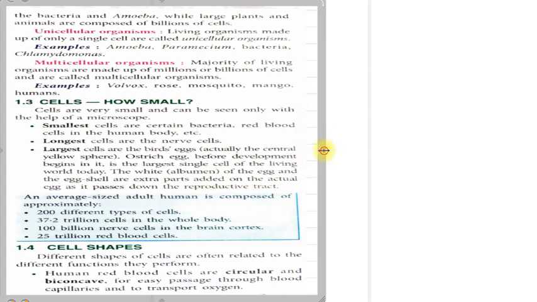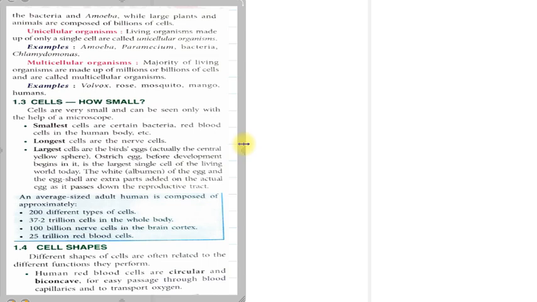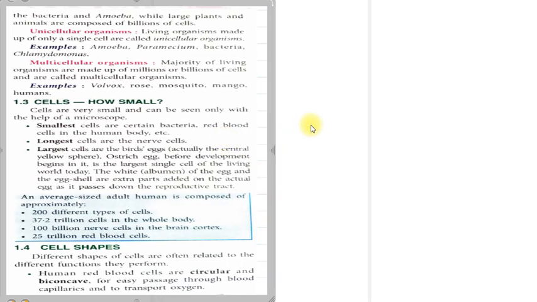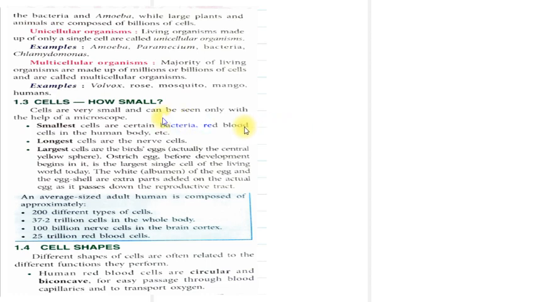The next thing we are going to study here is what are unicellular and multicellular organisms. Unicellular organisms, as the name depicts, uni means one: living organisms made up of only a single cell are called unicellular organisms. Examples you have done in your previous classes: amoeba, paramecium, bacteria, chlamydomonas.